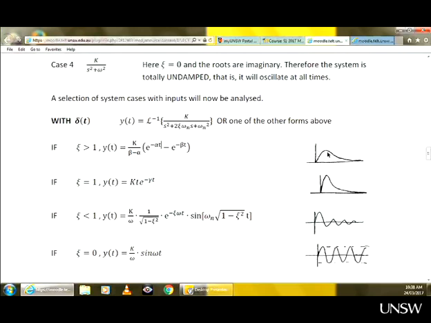So you apply an impulse to a second-order system, and the output looks like a stretched impulse as well, just a bit slower. It doesn't jump up immediately. It doesn't jump down immediately. It actually follows this exponential curve until it gets back to 0.